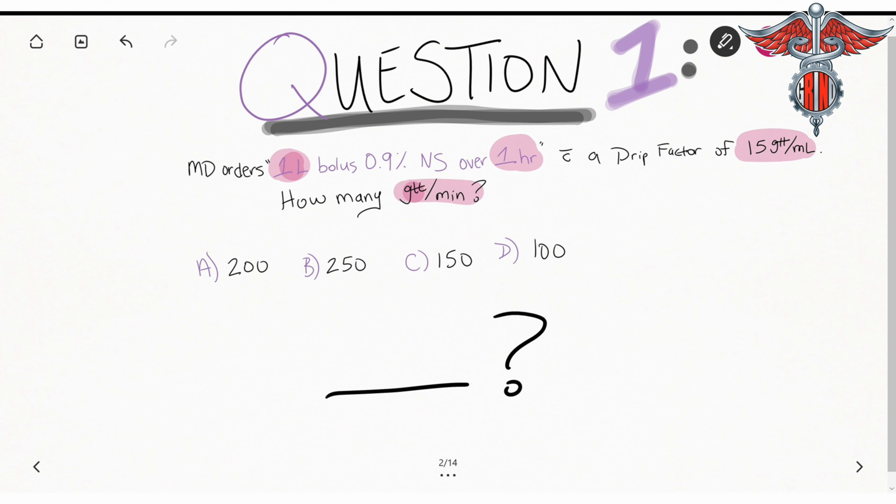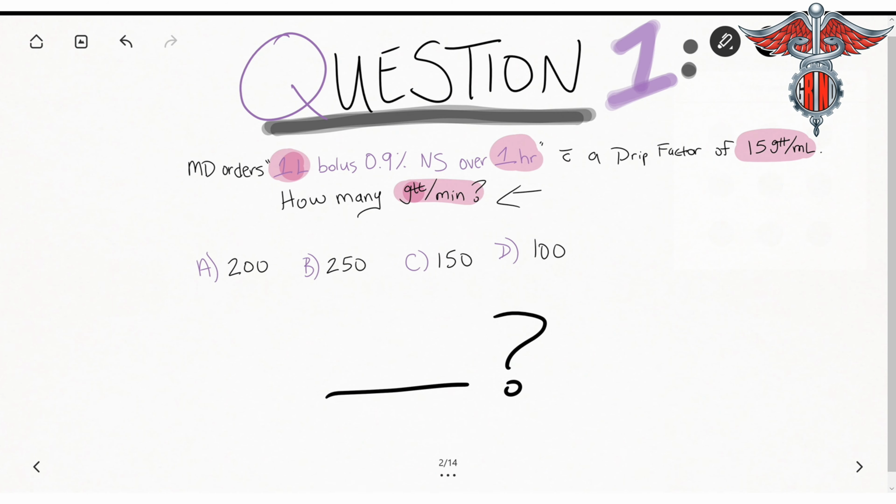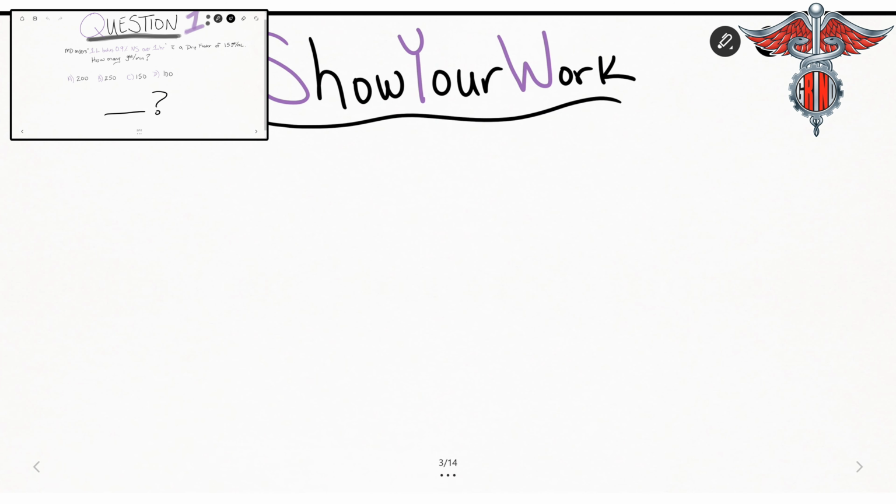Another key principle whenever you're solving dosage calculation style questions: never forget, what are you solving for? That's a mathematical principle that you always want to keep in the back of your mind. Hey, what are we solving for? So let's go over to the next slide and show our work. Let's get into it. What is our given information?